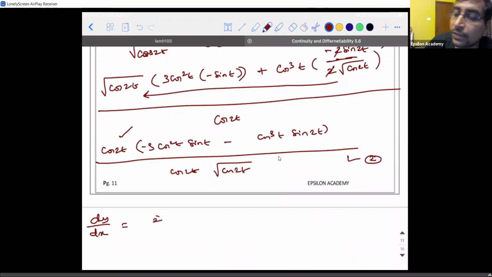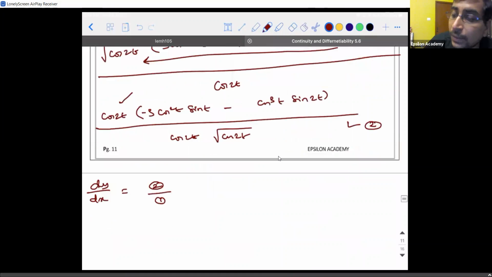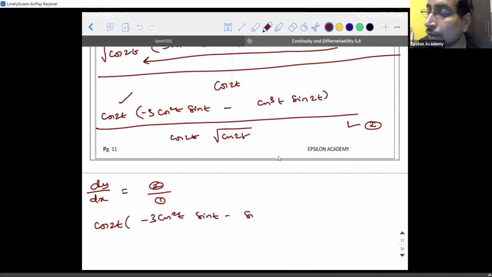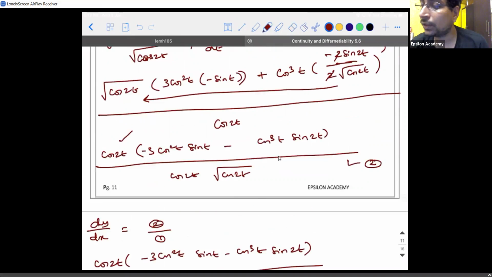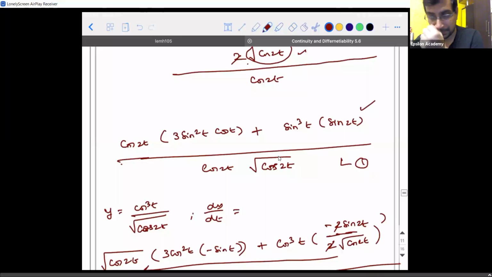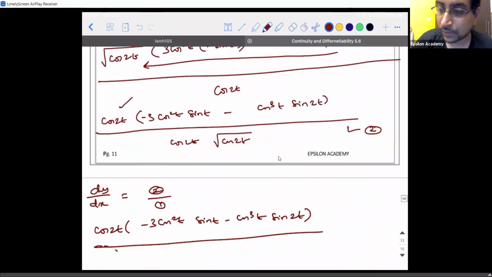So dy by dx is nothing but second equation divided by the first. So what is the second equation? Cos 2t multiplied with minus 3 cos square t sin t minus cos cube t into sin 2t, the whole divided by this thing. Can someone read it out, please?